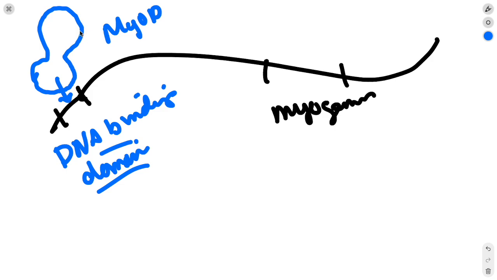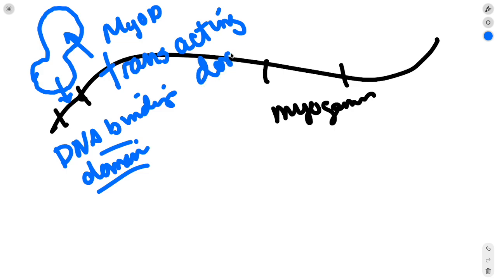And then the other part of the protein here, that must be the way that it regulates transcription, right? We have to deliver it by having a DNA binding domain, and then we have to have this activity that we're delivering. And that's called the transacting domain. And remember, we're using the word trans like a geneticist.